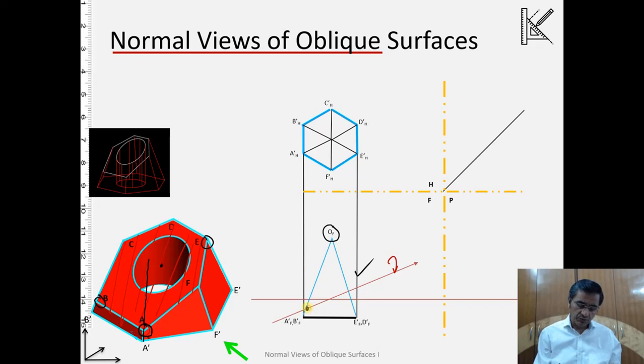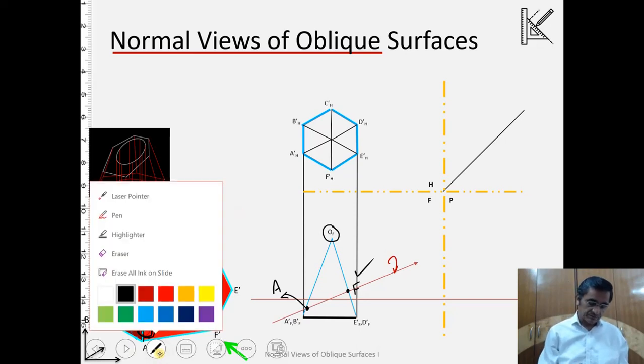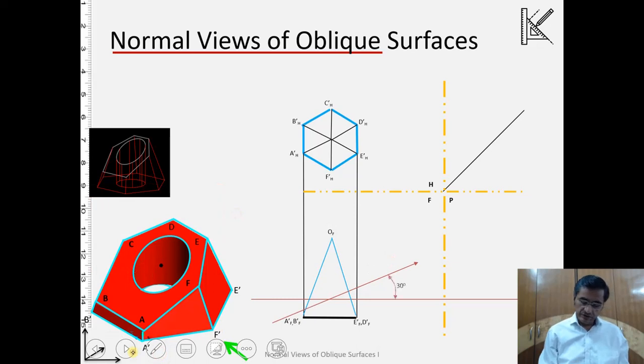So this point is the corresponding point A. Similarly over here, that's the point which is F. So here is F and this is A. Alright, so we'll make use of this and identify these points on the frontal projection. So let us do it.